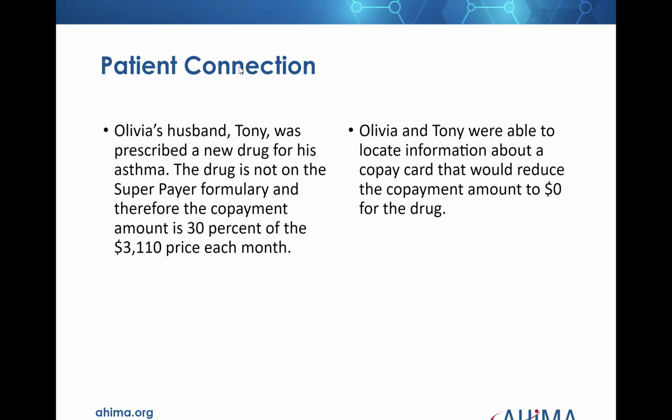Olivia and Tony were able to locate information about a copay card that would reduce the copay amount to $0 for the drugs. And again, you see a lot of these that sometimes are available through the pharmacy benefit management company or also through the pharmaceutical company themselves.